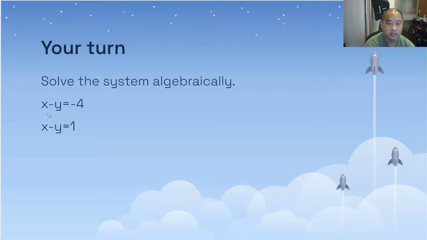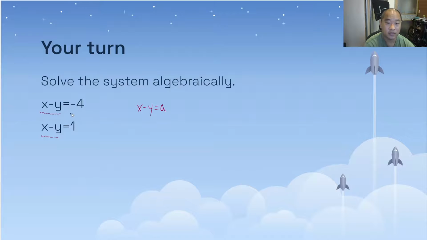Here we can see that x minus y is negative 4 and x minus y is then 1, which means negative 4 equals 1. We can see that this is already not true, but let's just solve it anyway just so you can see what I mean. So x minus y, I'm going to show you a little trick here that the book is not teaching you. We can actually substitute x minus y for another letter, like a.